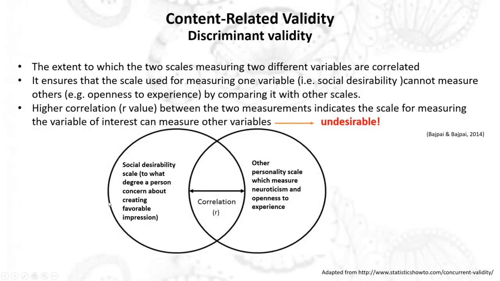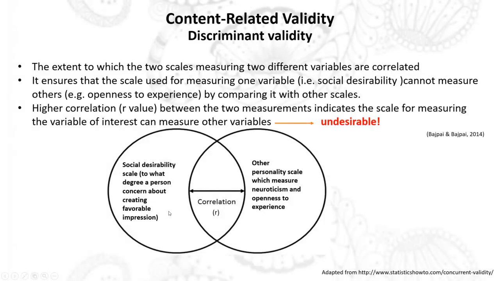Social desirability. I developed this scale because I want to measure the concept of social desirability, but not other related personality traits. If I want to demonstrate to other researchers that my scale only measures social desirability, but not other personality traits, I need to do discriminant validity. How do I do it?